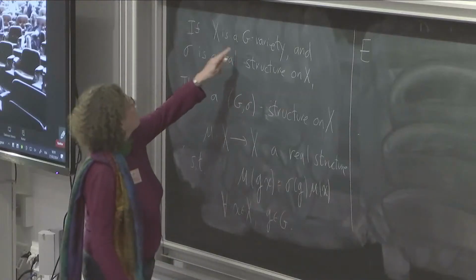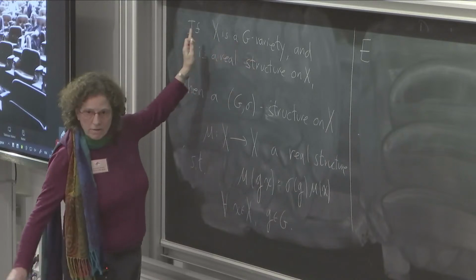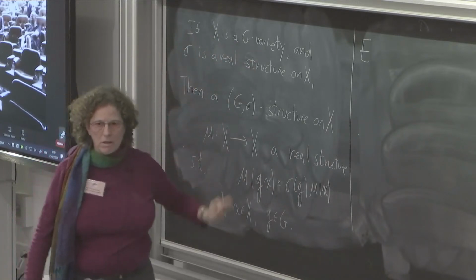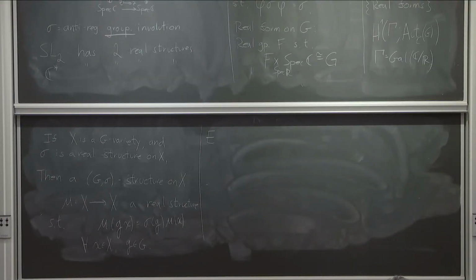So G is complex, this is complex, and it has a complex G action. Do you assume it's faithful? No, I don't ask for it to be faithful. Any action.